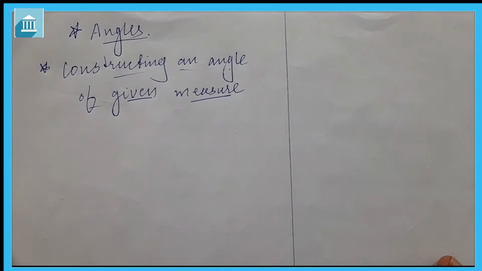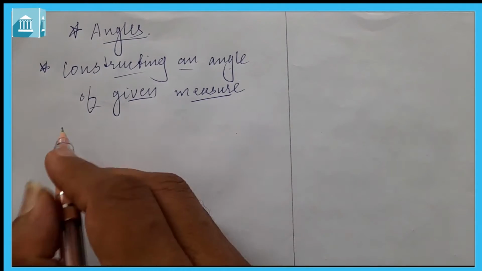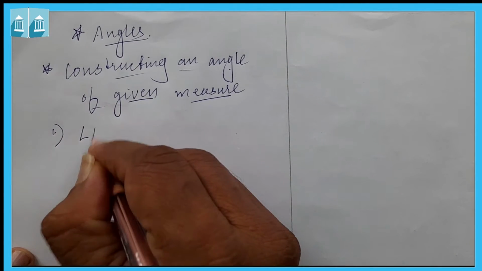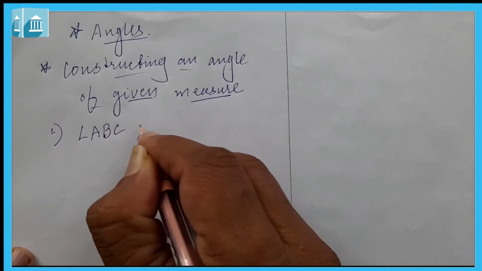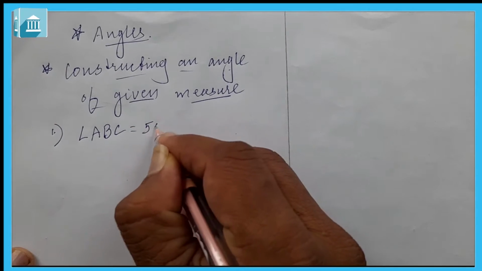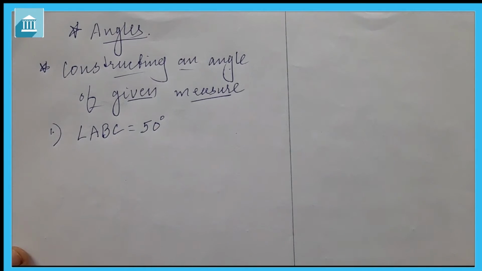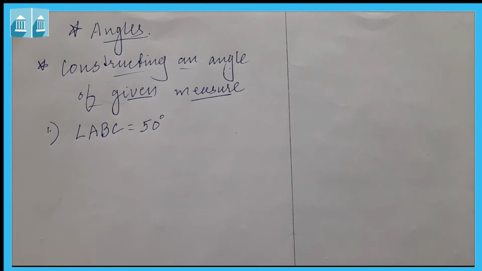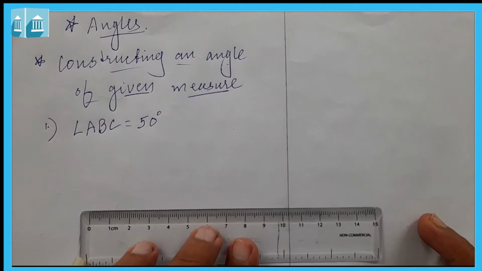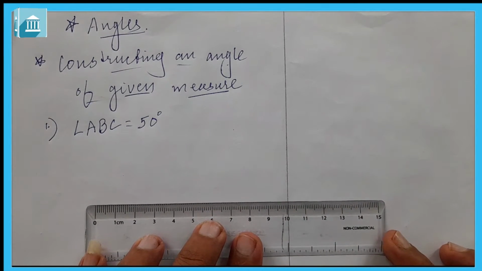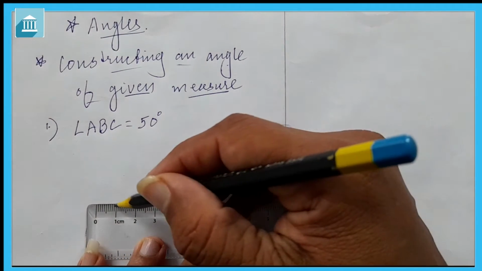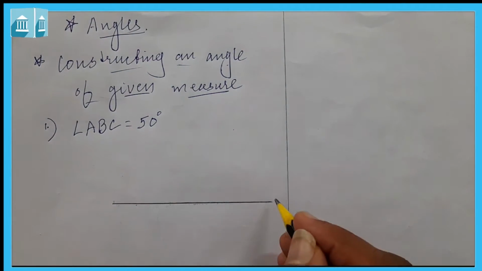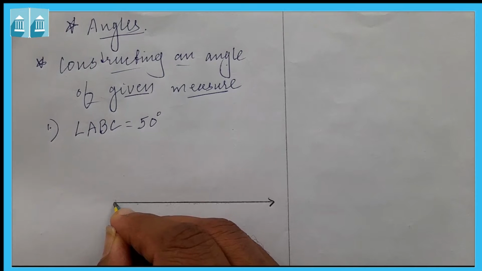Now let us see, for example, let us construct angle ABC is equal to 50 degree. So to construct this, first we need to draw a line like this, or so we can say first we need to draw a ray like this.